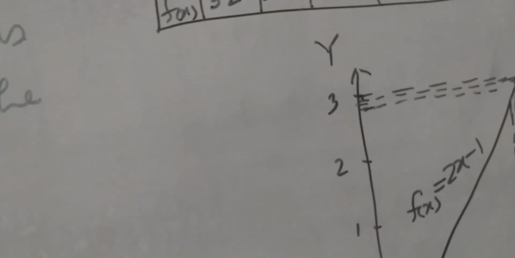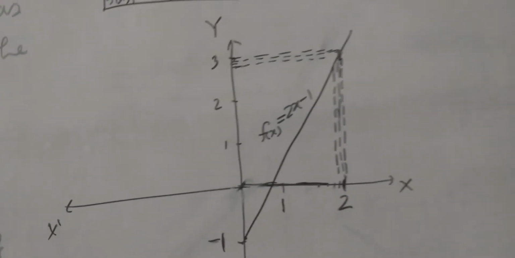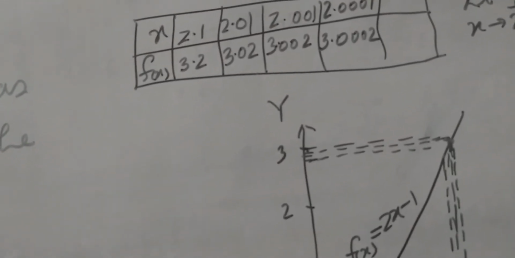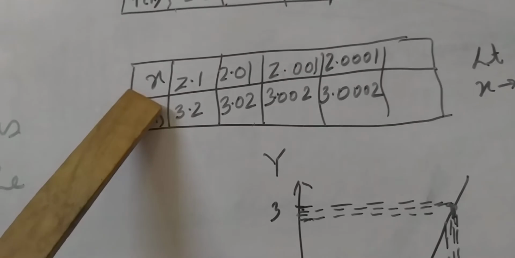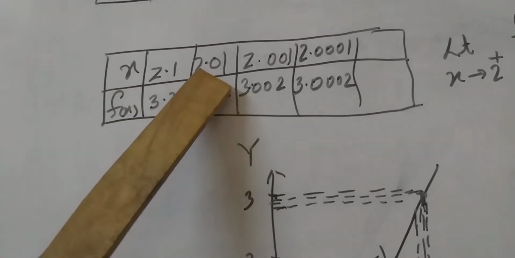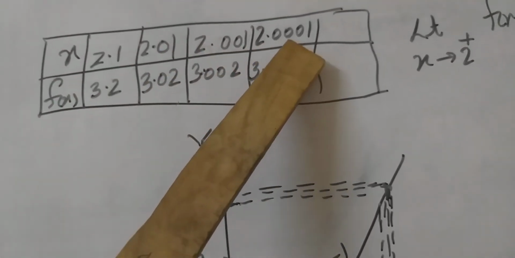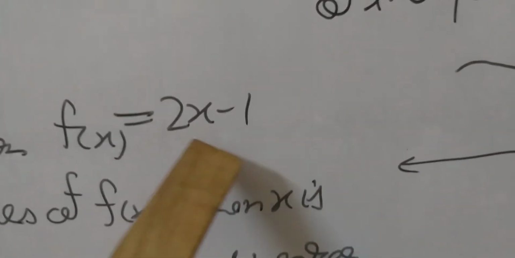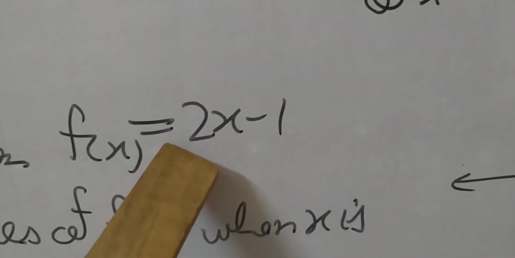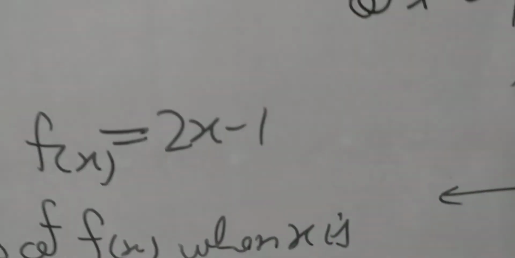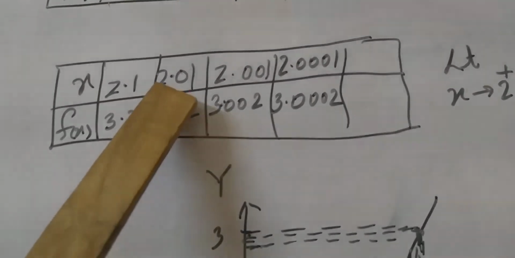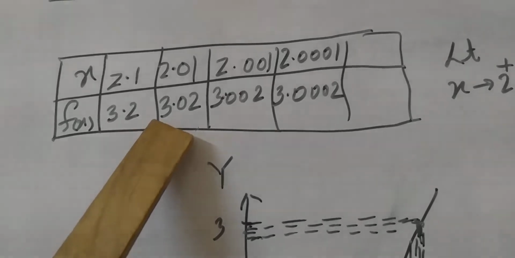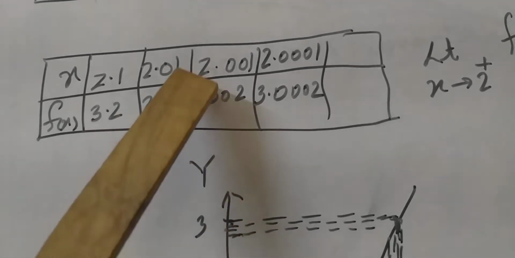Now students, let us increase a little bit the value from 2. Now we are going to take x as 2.1, then 2.01, 2.001, 2.0001. When we put 2.1 in f(x), we get 4.2 minus 1, 3.2. When we put 2.01, we get 3.02.